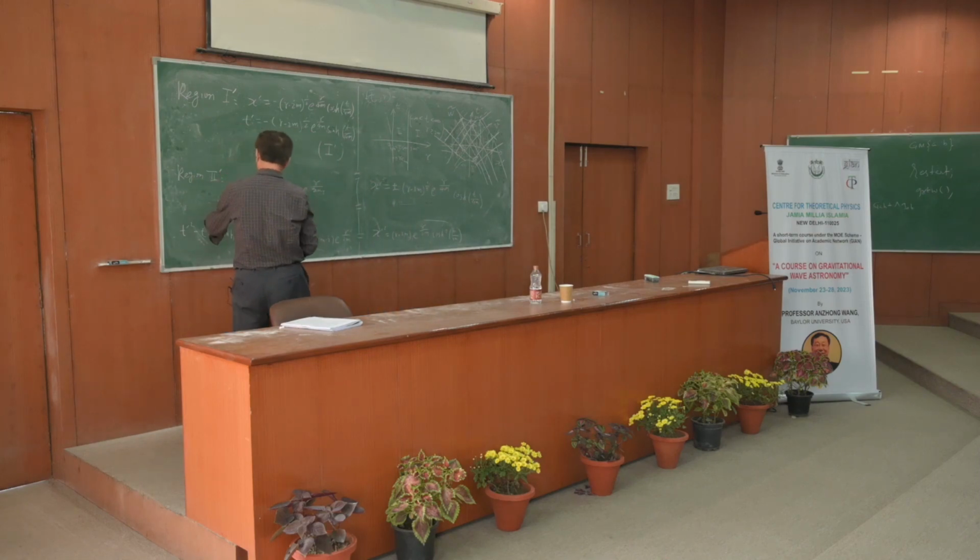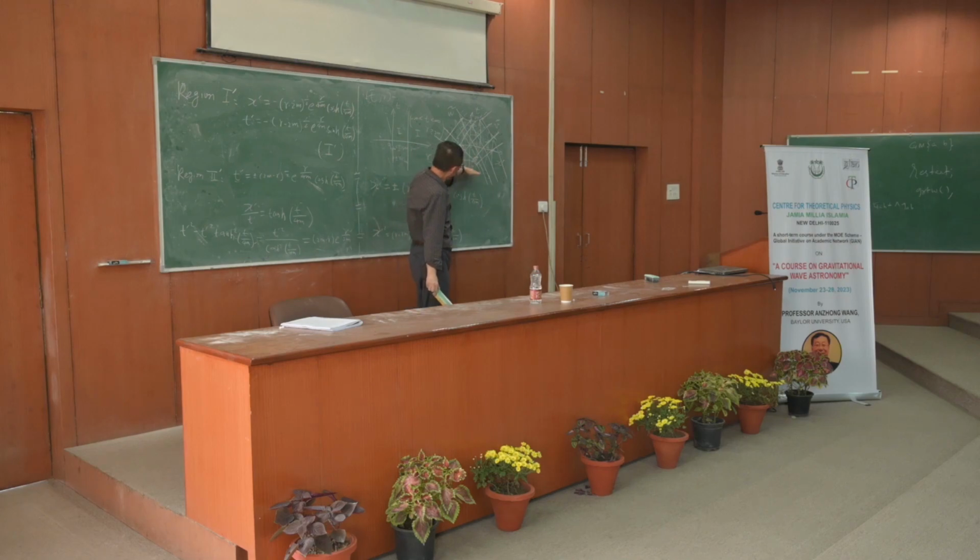I'm going to write here, T prime equals plus or minus the square root of 2m minus r, e to the r over 4m, cosh of T over 4m. But we know in region 2, T prime is negative, only in region 2 is T prime positive.